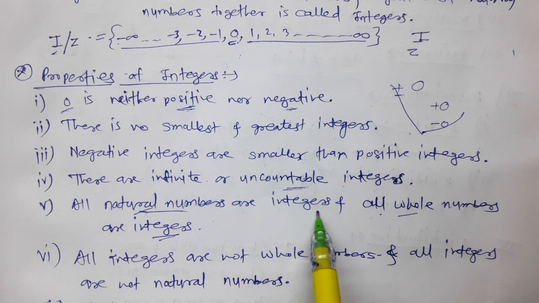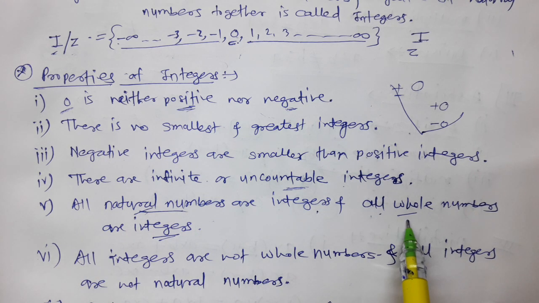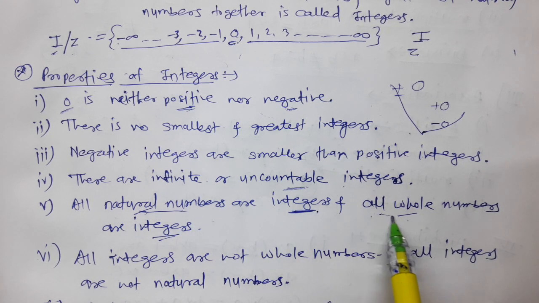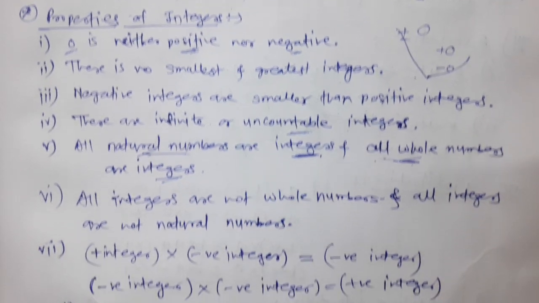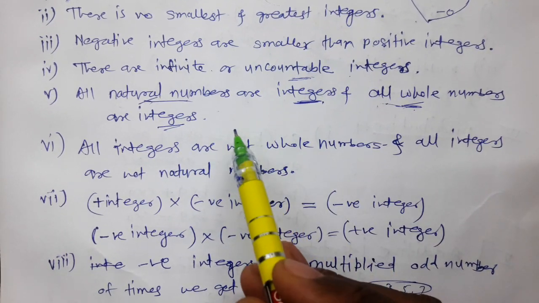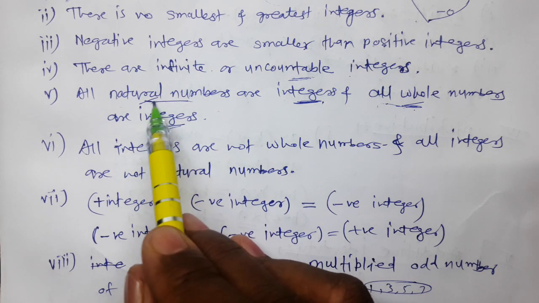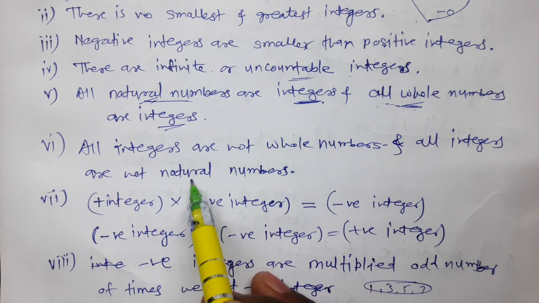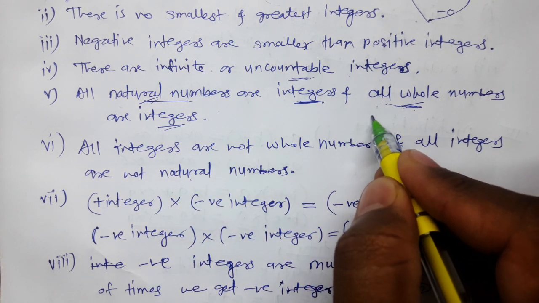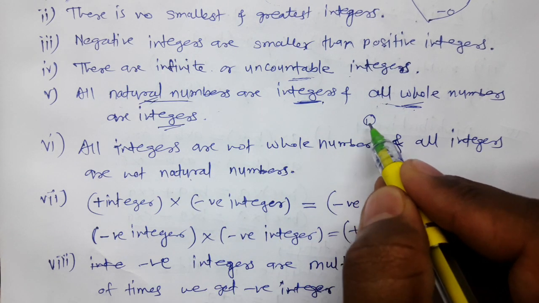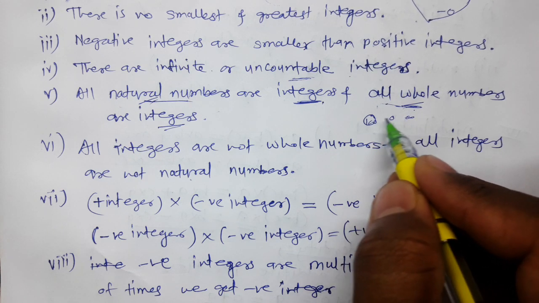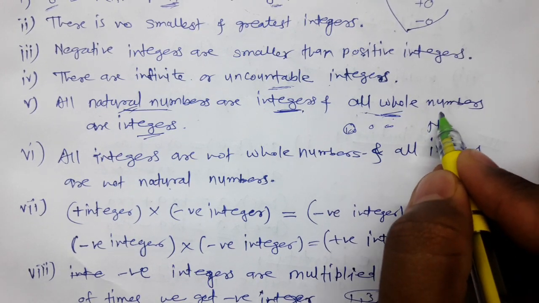All natural numbers are integers, and also all whole numbers are integers. But the converses are not true. All integers are not natural numbers, and all integers are not whole numbers, because natural numbers start from 1 to infinity. Whole numbers start from 0 to infinity. So the natural number set is the smallest set.